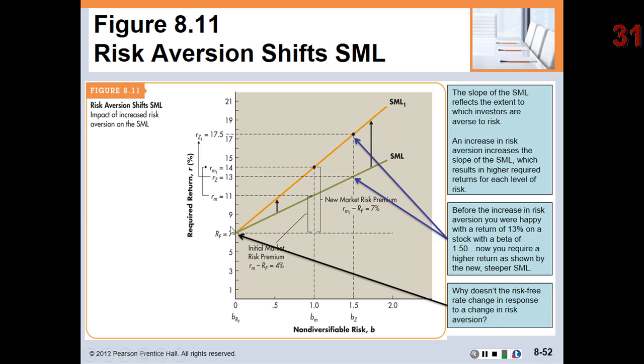Why didn't the origin change? Why didn't the risk-free rate of return increase when risk aversion increased? Remember, this is what's called the risk-free rate of return.